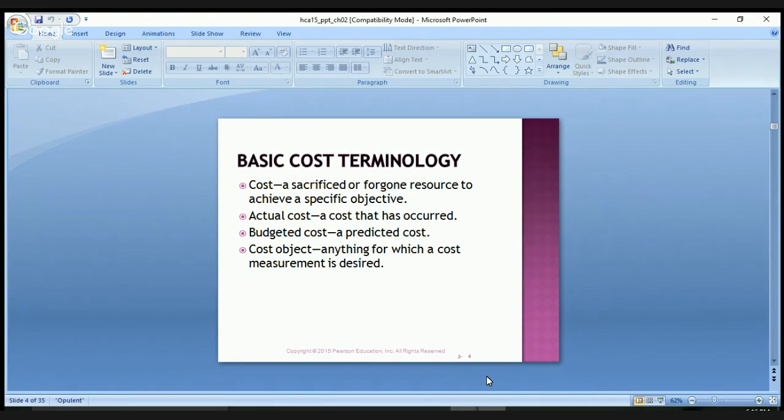The actual cost is a cost that has been incurred, versus a budgeted cost, which is a predicted cost. A lot of times in management accounting, we're comparing budgeted to actual.